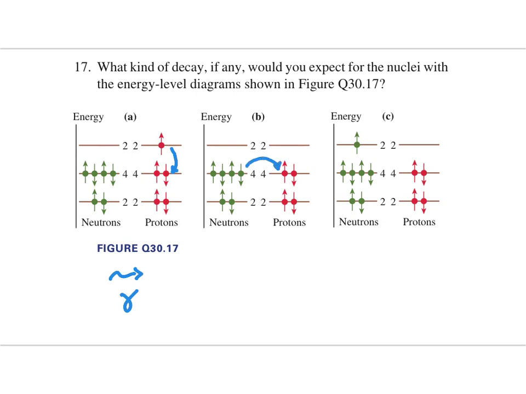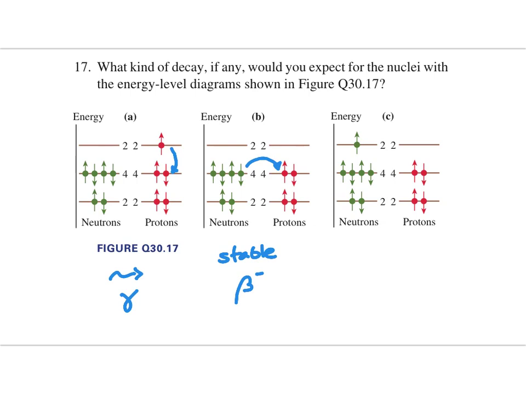You could do that, but there's no compelling reason because it doesn't look like it's dropped to a lower energy level. So this one seems stable. Although there is a slight preference for nuclei to have the same number of neutrons and protons for light nuclei. So stable and maybe a little beta minus, neutron to proton, maybe. So it's going to be pretty stable, but it might be a weak beta emitter.